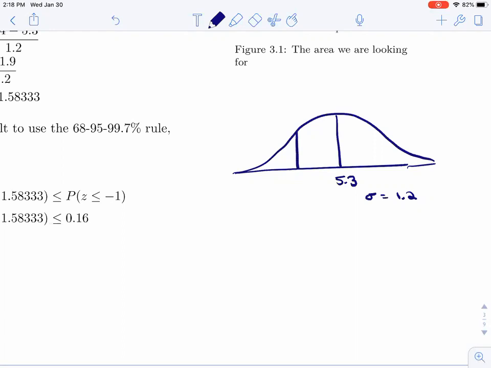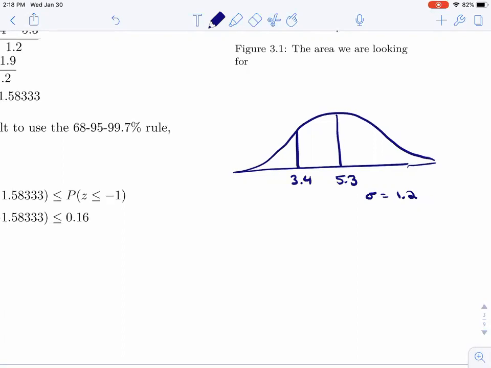I just draw a line anywhere, as long as it's on the correct side of the mean, then you're okay. So 3.4 would go somewhere below the mean. I don't want you to spend a lot of time trying to figure out where 3.4 would fall, because that's way too time consuming. The whole idea is just to visualize which area you might need to answer the question.